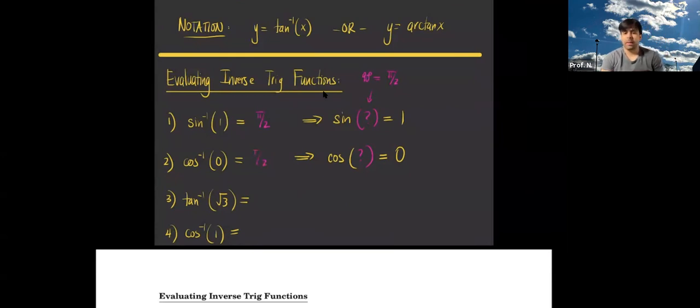Right. What's tangent inverse of rad 3? What is that? Well, think about tangent of one of those reference angles, right? Which one of those reference angles gives me rad 3? It's not 30, Chen. Rad 3 over 3 is 30, but just rad 3 is not 30.